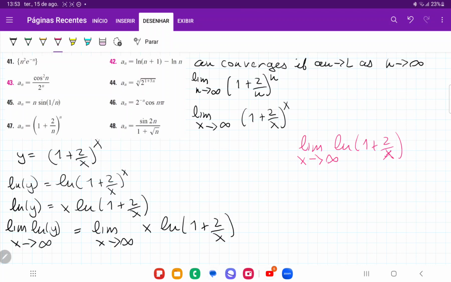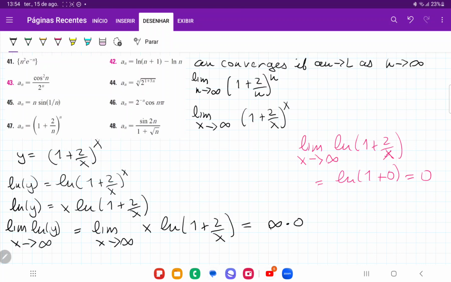So whenever you take 2 and divide it by a very large number, that's going to tend to 0. So this is going to be ln of 1 plus 2 divided by infinity, that's 0. So that's ln of 1, which is 0, and so that's 0. And so this limit here is going to be the limit as x approaches infinity of x. So that's just going to be infinity times this limit here, which we've just seen is 0.